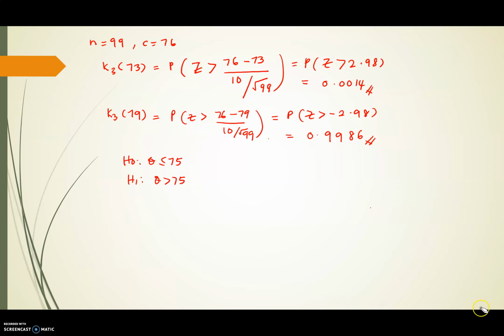When theta is greater than 75, in this case theta equals 79, we reject H0 when H0 is false, and the probability is 0.9986. So from this, test 3 has a more desirable power function compared to test 1 and also test 2.